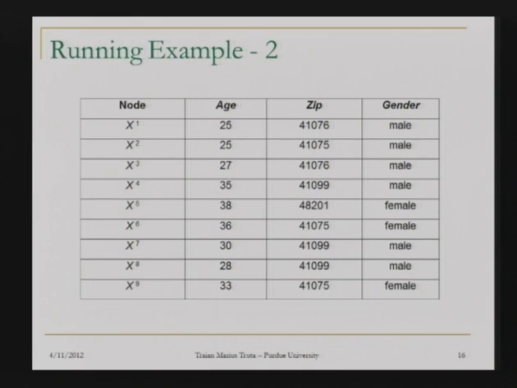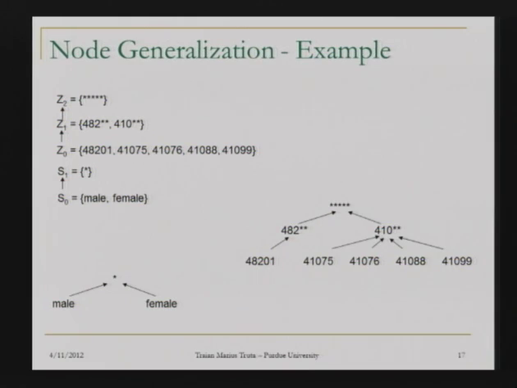Now, our goal, as I said, is to create groups of tuples that are indistinguishable from each other in terms of both quasi-identifier attribute values as well as structure, so neighborhood they share. And for this, we first apply a method called generalization, attribute generalization for nodes.